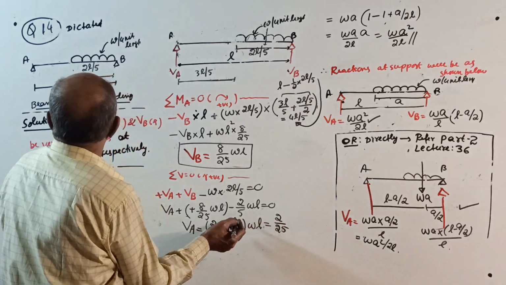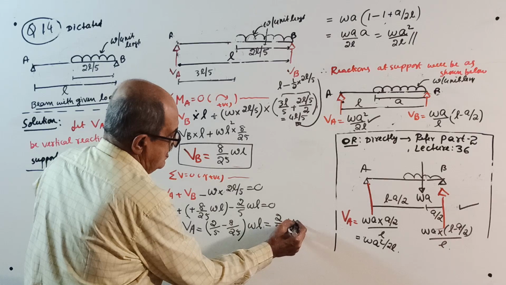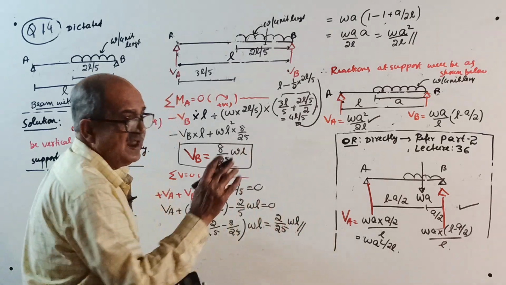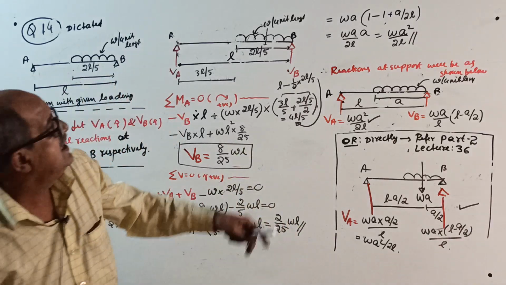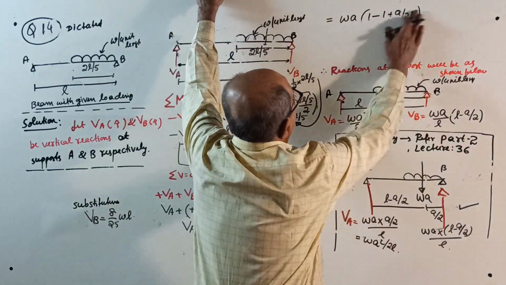Okay, 2 by 25 WL is the answer. We will check the answer. Over.